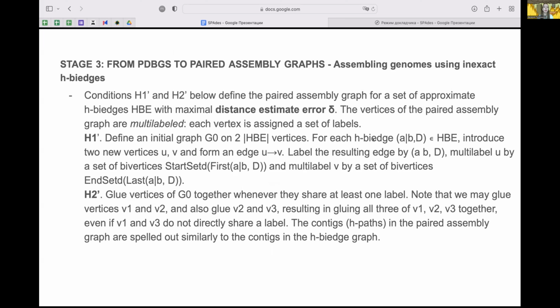Multi-label U is the set of bivertices start set D, and multi-label V is the set of bivertices end set D. Second, glue vertices of G0 together whenever they share at least one label. So our labels don't need to be the same in all of them, but just one, and we glue them.